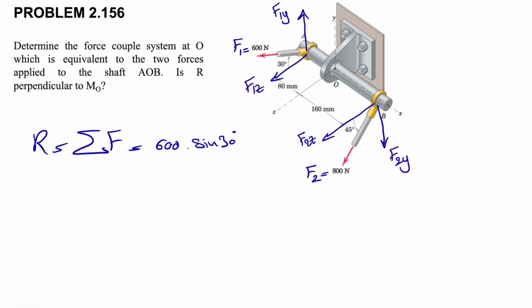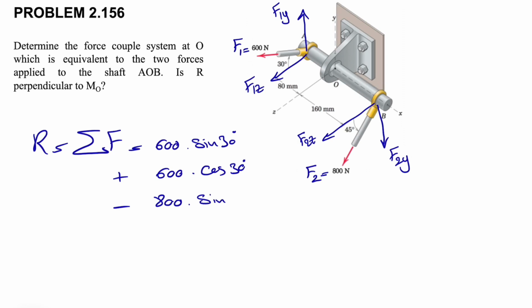So for F1, the Y component will simply be 600 times sine of 30 degrees, and it will be positive since it's in the positive direction. And for the Z component, we have 600 times cosine of 30 degrees. That will be everything for the first force.